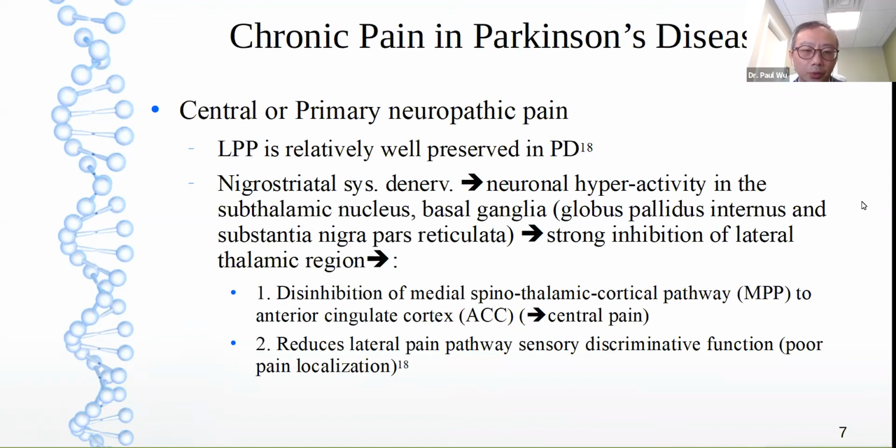This results in two things. One is inhibition of the medial spinothalamic cortical pathway, or medial pain pathway, to the anterior cingulate cortex, which, as we mentioned before, can cause central pain.